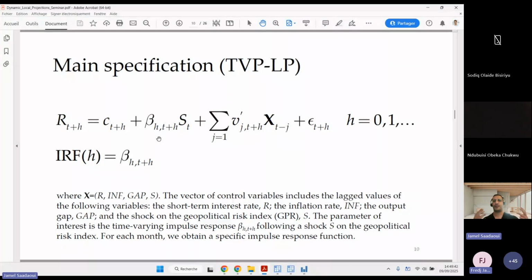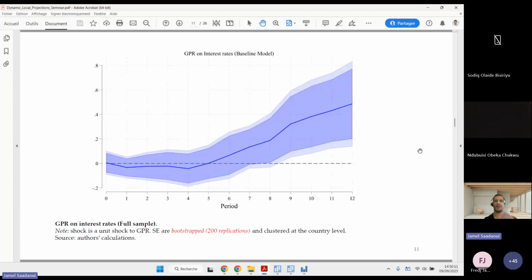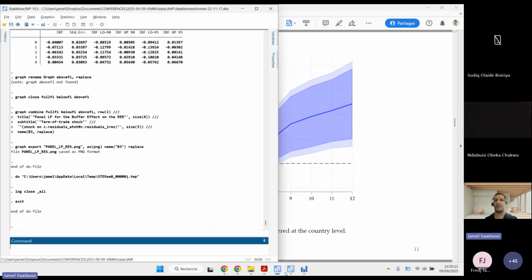So the shock and the control variables would be the standard Taylor rule determinants, inflation and output gap. For each month in your monthly data, we will have a specific impulse response function.